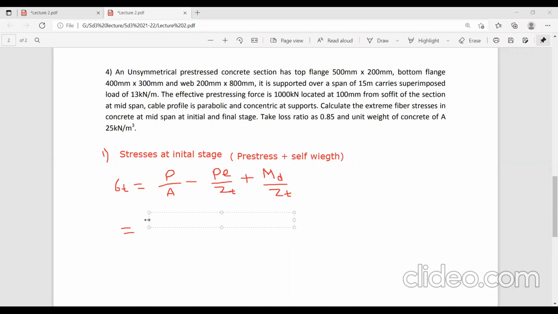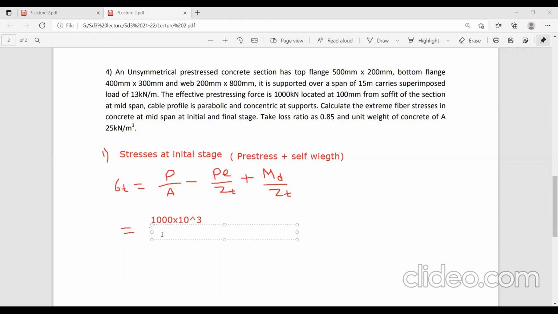Pre-stress force is given in the example. What is pre-stress force? It is given 1000 kilonewton. So convert it to Newton. It is 1000 into 10 raised to 3, divided by cross-sectional area of beam.